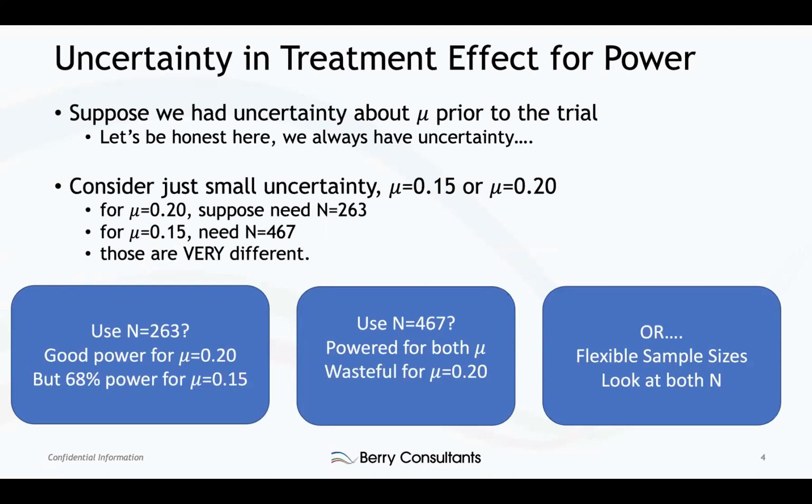A lot of clients will come to us, they have phase 2 data. The phase 2 data comes with an estimate of the treatment effect. And phase 2s aren't the biggest trials, so there's a range on this. We think our treatment effect's good, but for example, it might be 0.15, it might be 0.20.